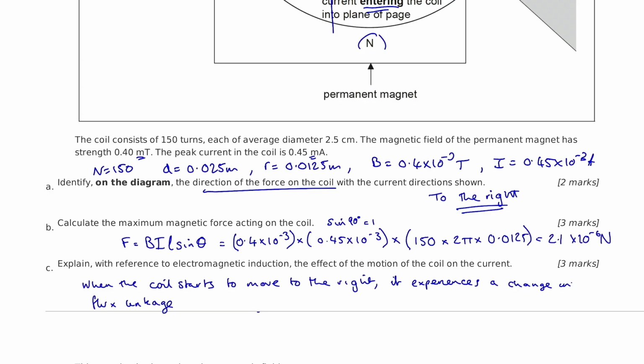It crosses some of the magnetic field lines. This induces a current in the coil.